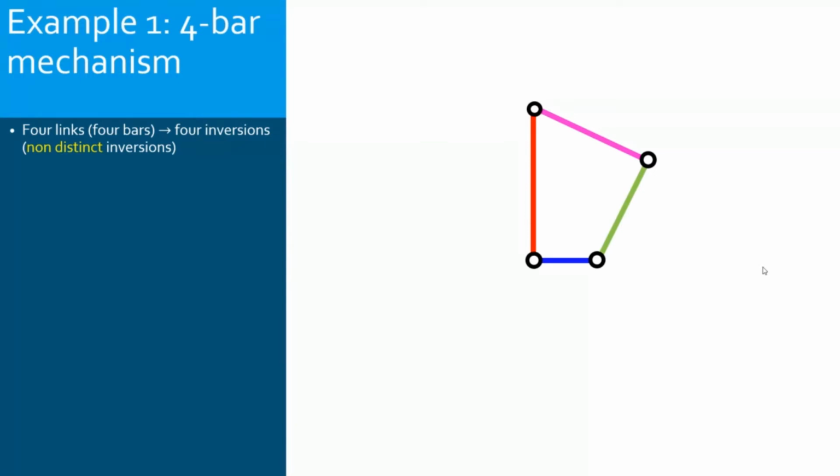Now, inverting a mechanism here is grounding 1 link. So for each inversion, I can choose 1 bar and ground that bar. So in all inversions, I will always have 1 bar as the ground, and the 3 others are moving.